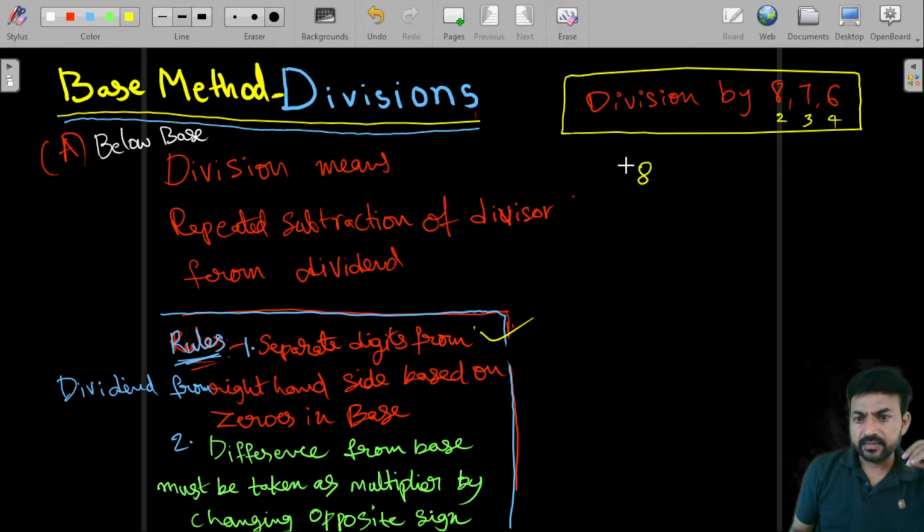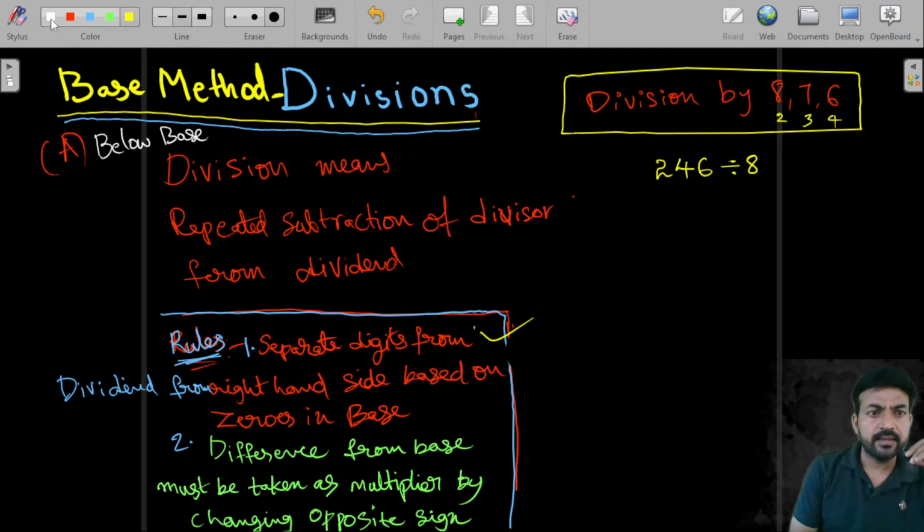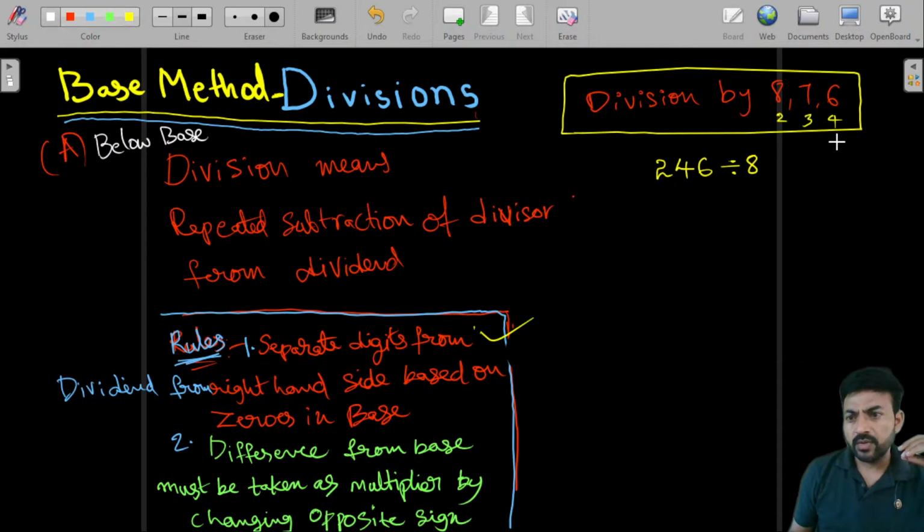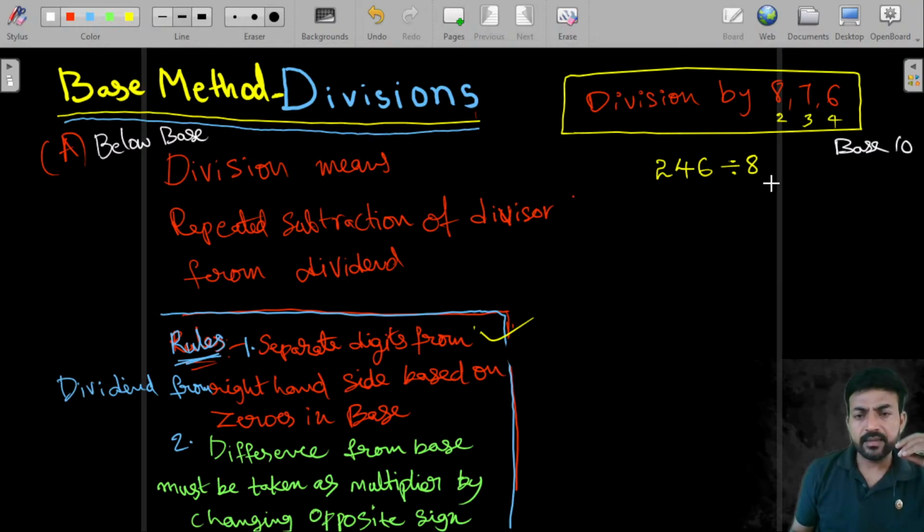For example, 246 divided by 8. Now what do we have to do? Of course, you have to take base as 10, isn't it?